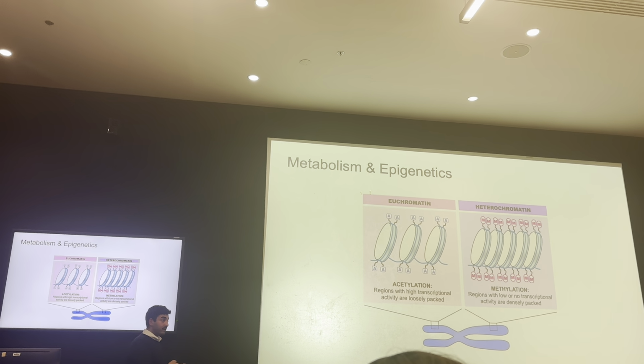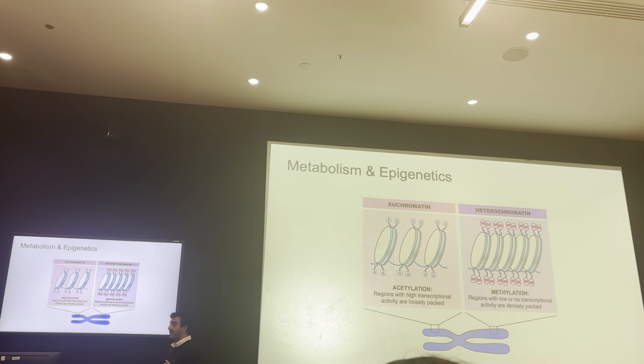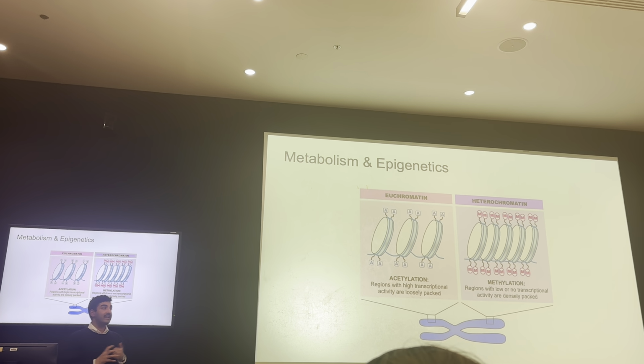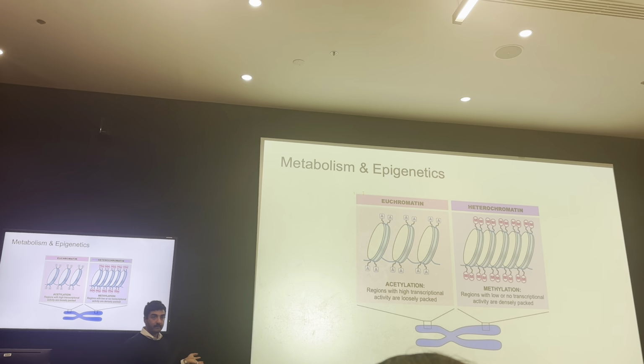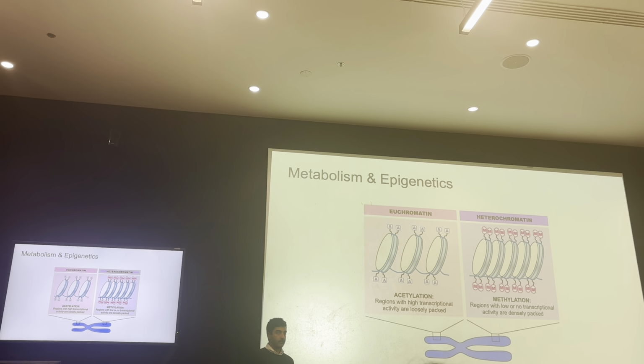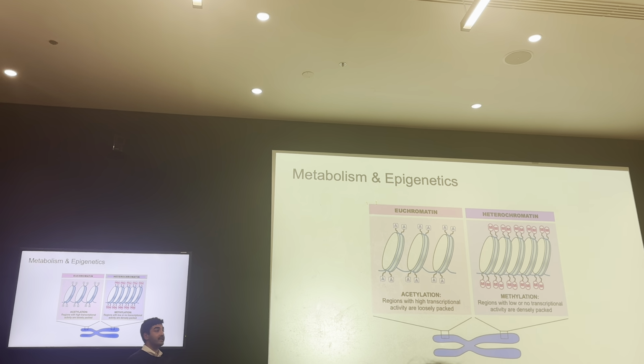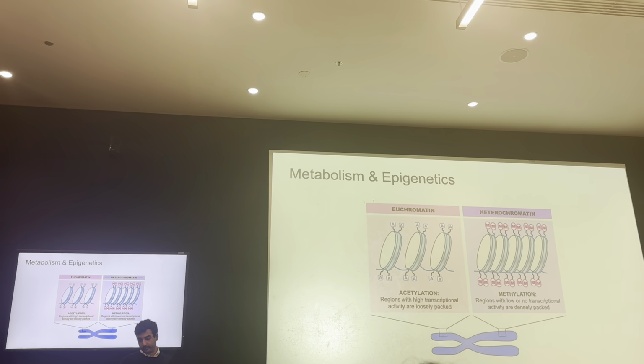So acetylation, or rather any of these modifications, take advantage of the fact that our DNA is negatively charged, and our histones contain, most often, the residue that is talked about, lysines, which are positively charged.